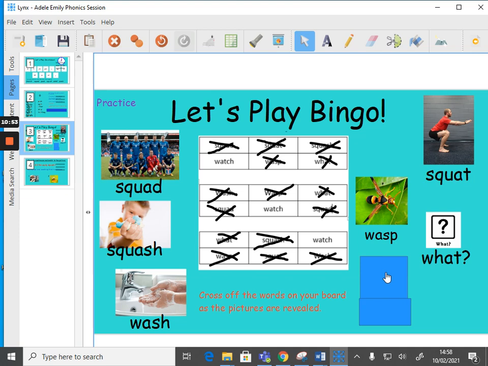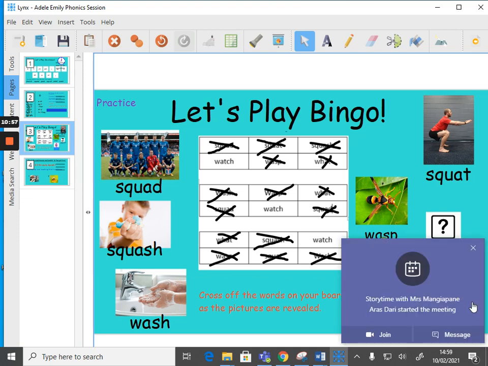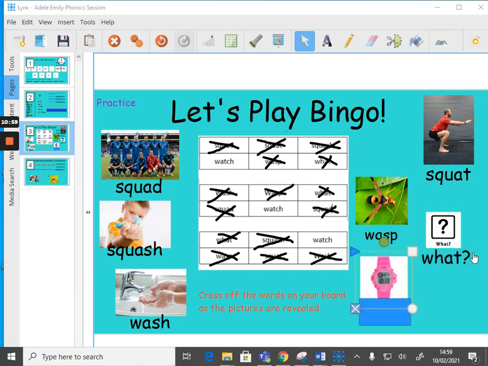Our last picture, everybody get ready to shout bingo. It's a picture of a watch. W-O-Ch. Watch. I'm going to cross the word watch off of my bingo boards. I'm now going to shout out bingo!